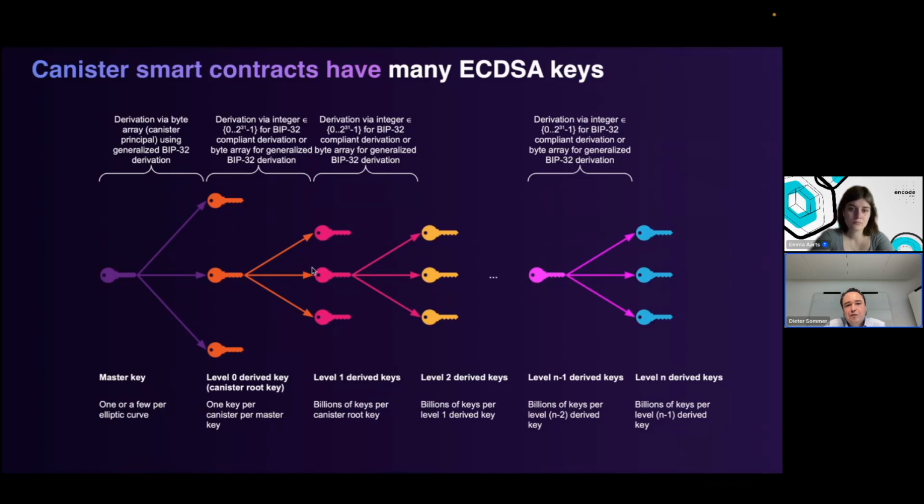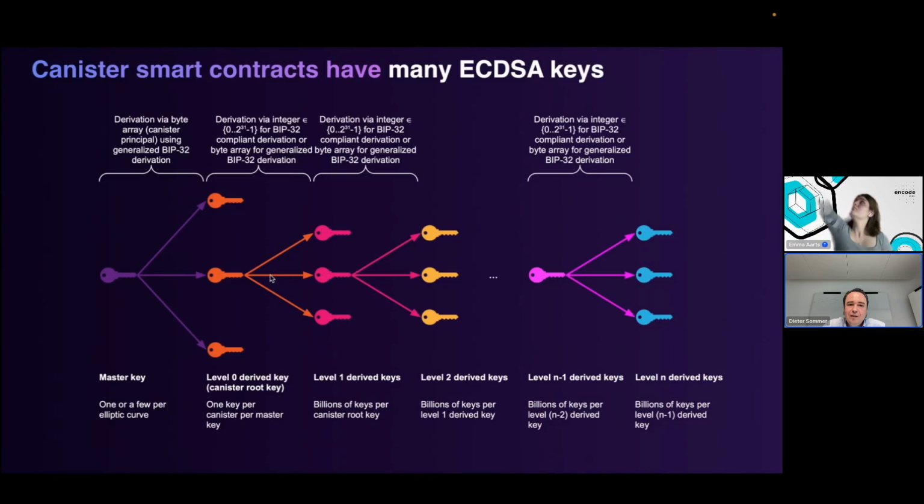Let's say, for example, we want to have this level 2 key here. Then they could specify either a string as a blob to specify the derivation, or a 32-bit, so 4-byte large, integer. This is BIP32, respectively a generalization of BIP32, from the Bitcoin world to derive keys. And this key, for example, would be derived by passing over 2 blobs, respectively 32-bit integers.